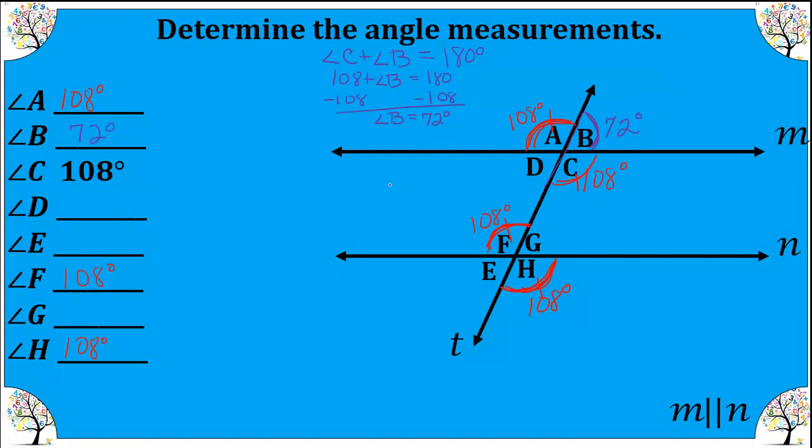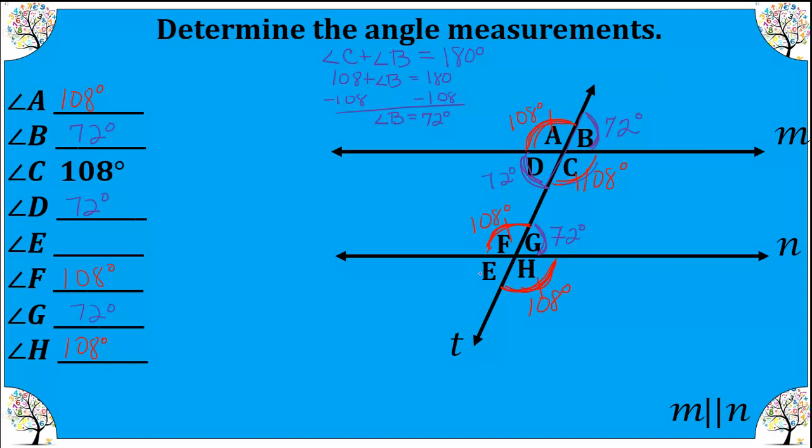It is supplementary to angle C. It's also supplementary to angle A. You could have gone that way. Now we know that angle B is vertical to angle D, so D is also 72 degrees. We know angle D and G are alternate interior, so G is also 72 degrees.